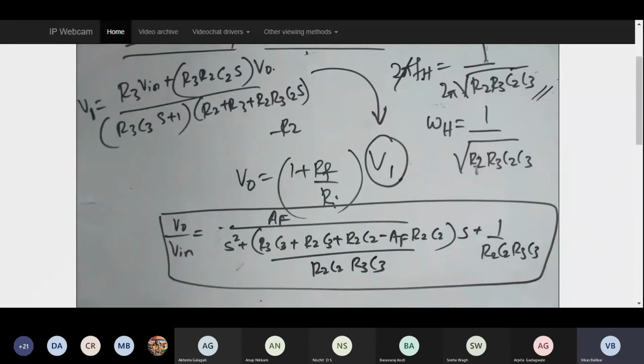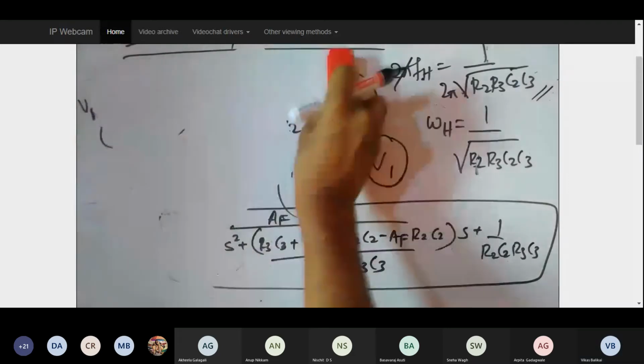So this is what is my equation. Now that once we are done with this derivation, let's try to calculate one particular thing using one numerical, to understand things in an even better manner.